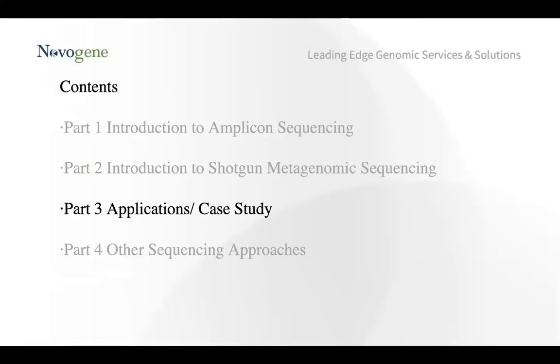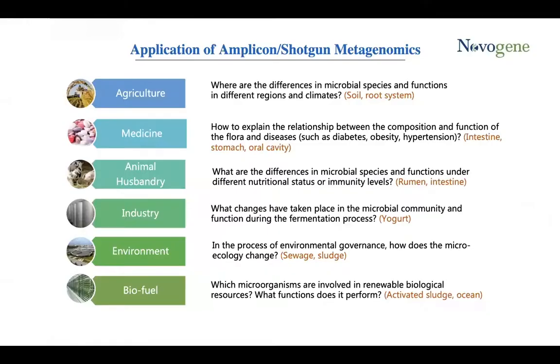And the next part is the applications and the case study of Amplicon Metagenomics and shotgun metagenomics. So speaking of the applications of Amplicon sequencing or the shotgun metagenomics, I have listed different fields here.